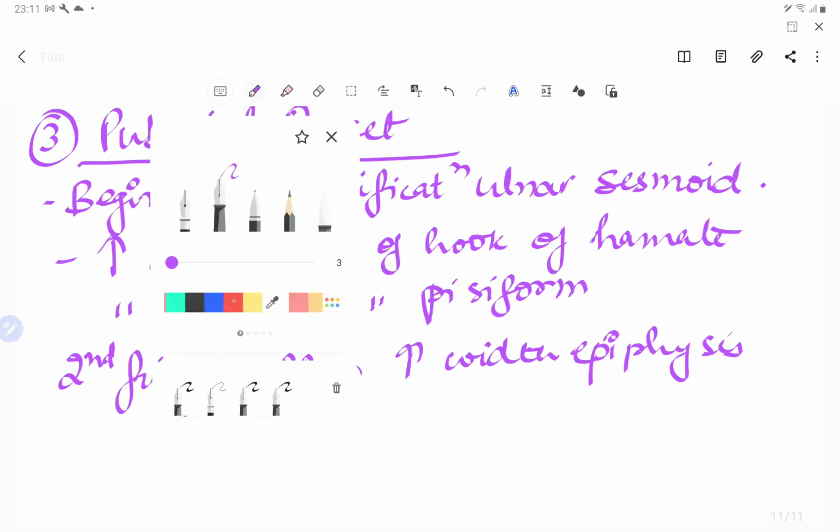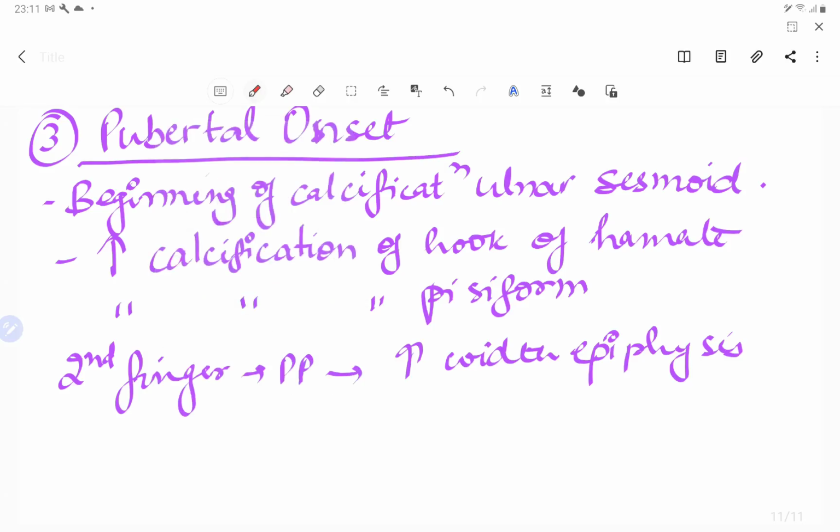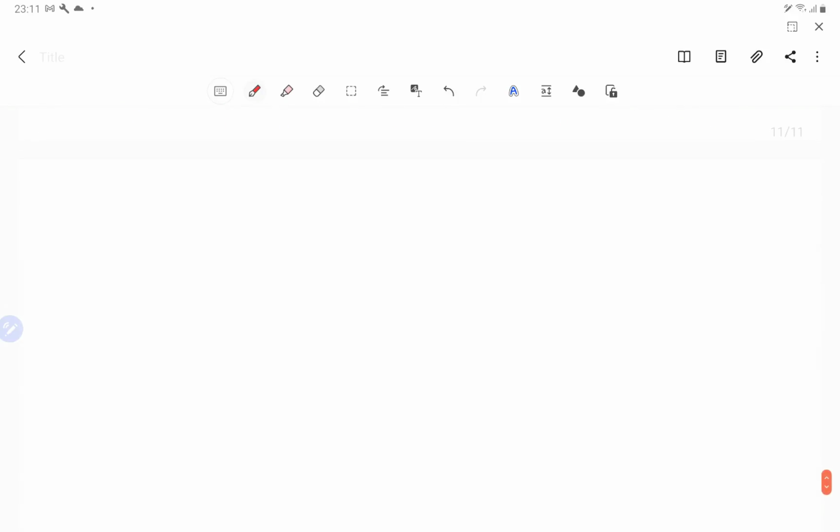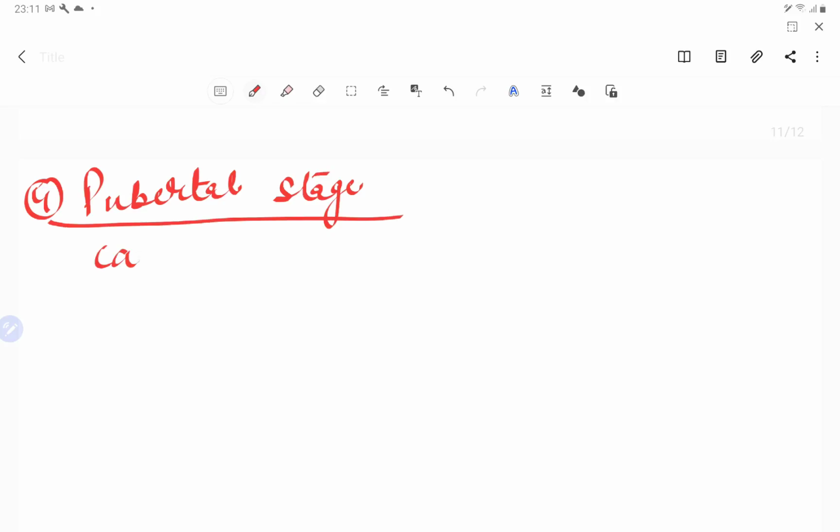Now we will be talking about the pubertal stage. So stage 4 is the pubertal stage. There is calcified ulnar sesamoid.